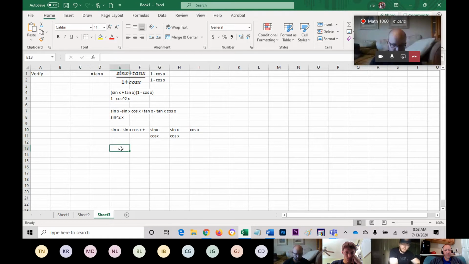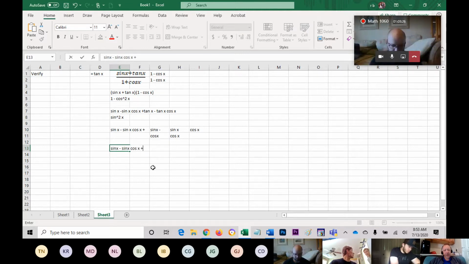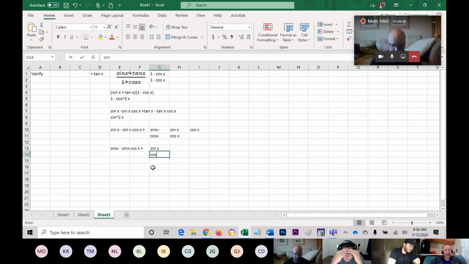So we've still got the sine squared of x on the bottom. I'm going to ignore that for now, but let's not forget about it. Okay, so I got sine of x minus sine of x cosine of x plus, maybe I'll leave this here, sine of x over the cosine of x.